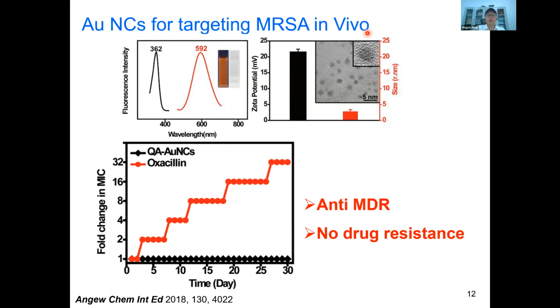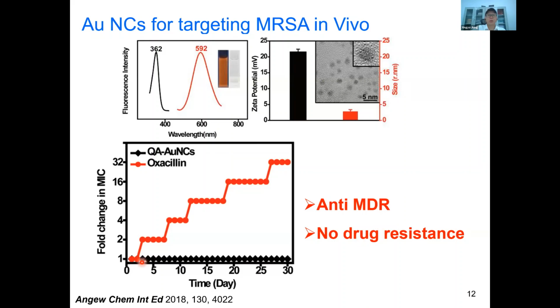So you can see that these particles are fluorescent. They absorb at ultraviolet, and they are slightly red. They can also kill bacteria fairly easily, and they also seem to not breed any drug resistance.